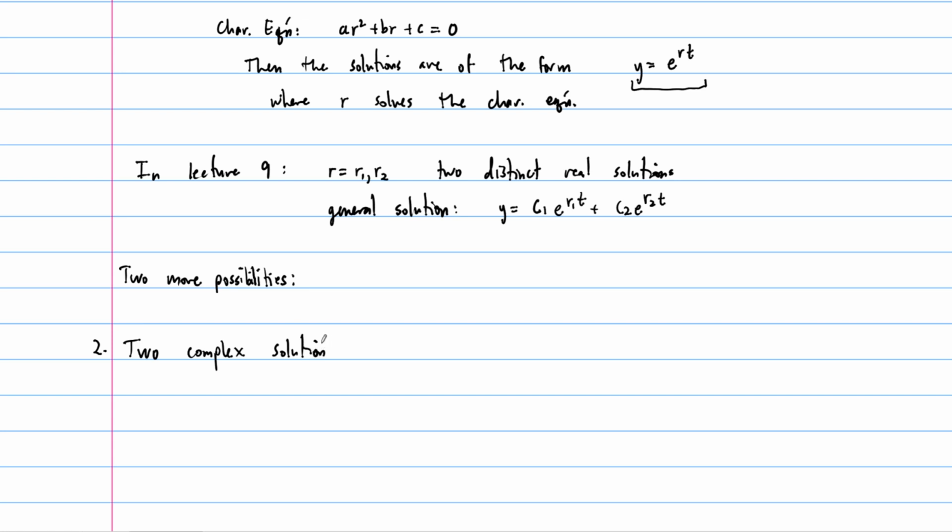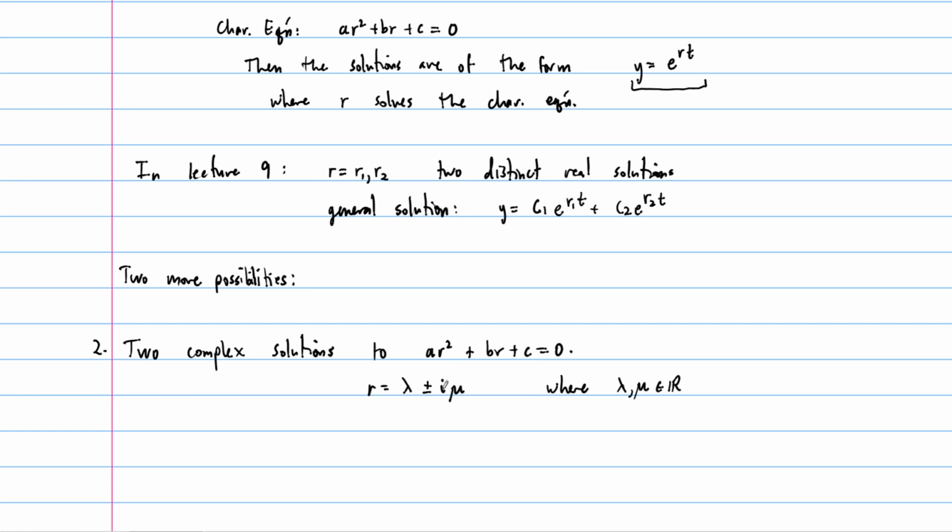I'll write down the form of these in just a second. So two complex solutions to the characteristic equation ar squared plus br plus c equals 0. These solutions would be of the form, remember, they have to come as complex conjugates in this case, lambda plus or minus i times mu, where lambda and mu are real numbers.